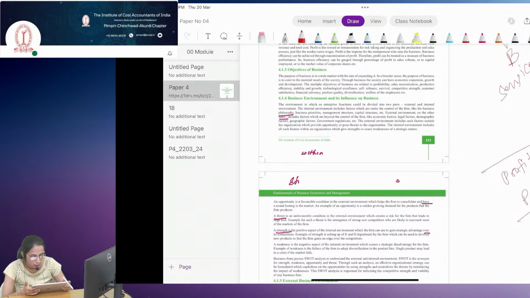External environment, on the other hand, includes factors which are beyond the control of the firm. What can they be? Legal factors, demographical factors, geographical factors, and government factors. See, legal policies, the organization can't do anything. It is beyond its control. It has to follow those policies. Government regulation, it has to follow them. So these factors are beyond the control of the organization.